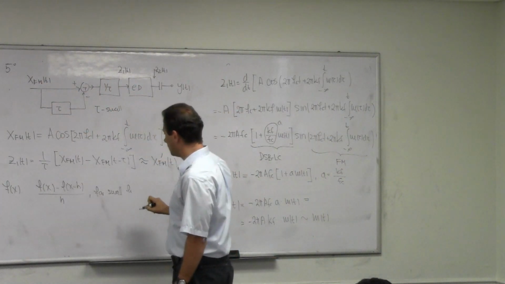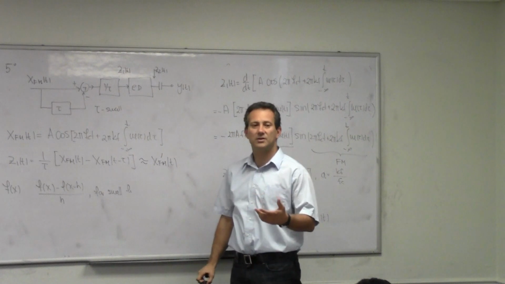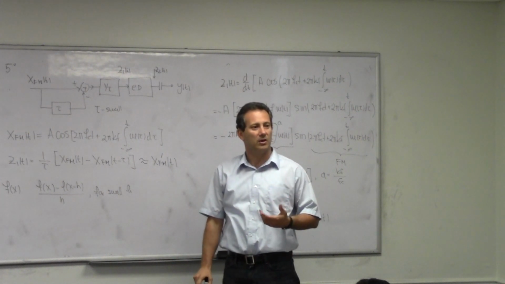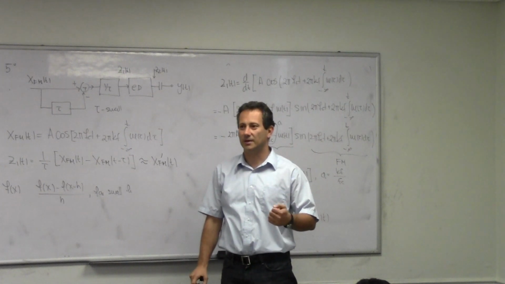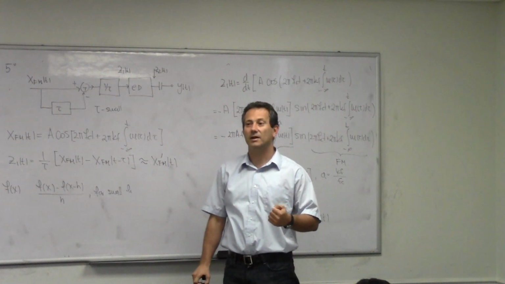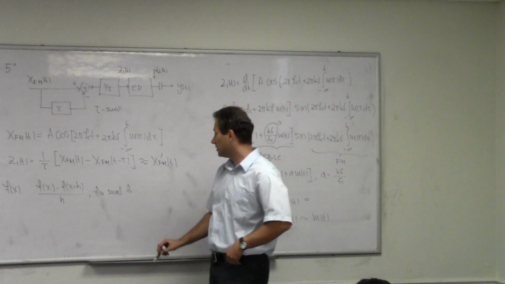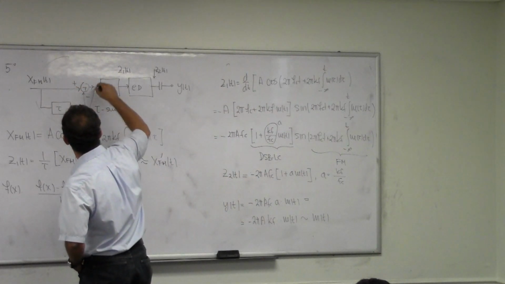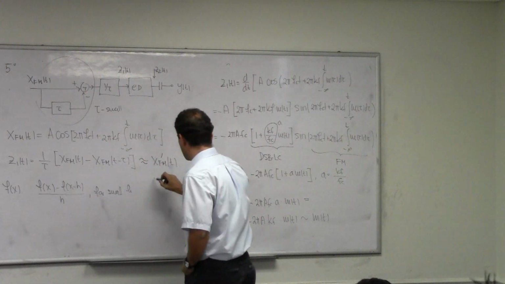And how does a differentiator look in the frequency domain? If I'm differentiating in the time domain, what is it that I'm doing in the frequency domain? Multiplying by j 2 pi f. So if I were to plot the frequency response of this piece, how would it look?